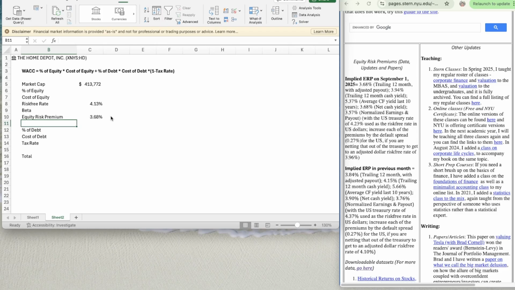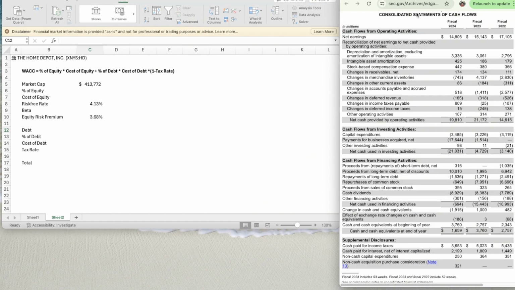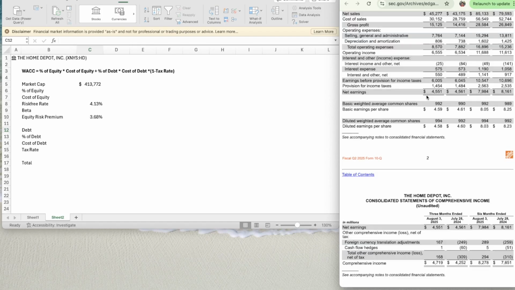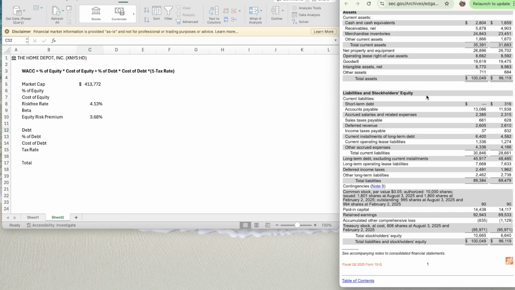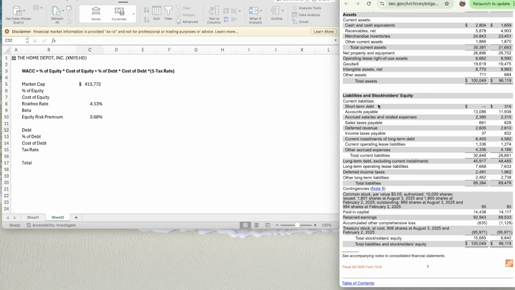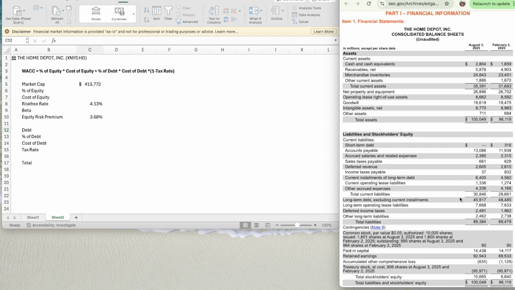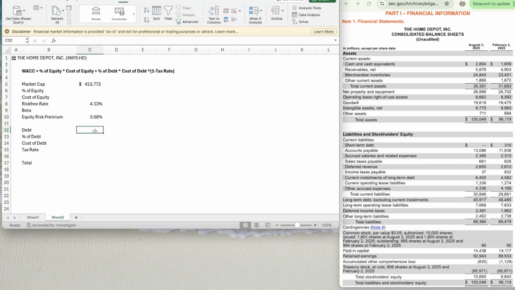But I need to add a column because we need to know what the debt is. The debt for the company currently, we need to go to the balance sheet, and that's up here. It doesn't have any short-term debt. Long-term debt is about 46 billion, 45917.